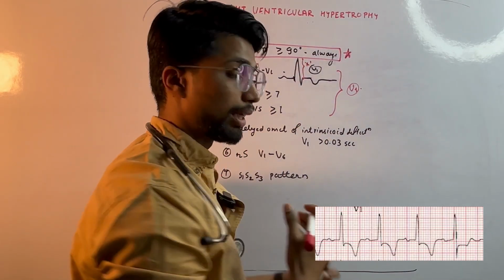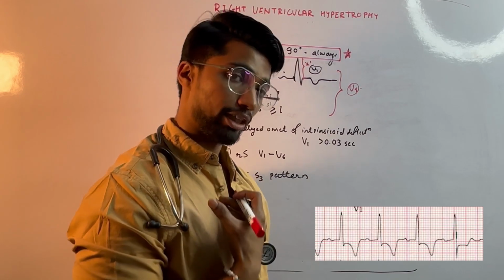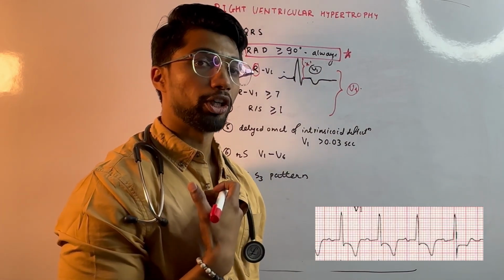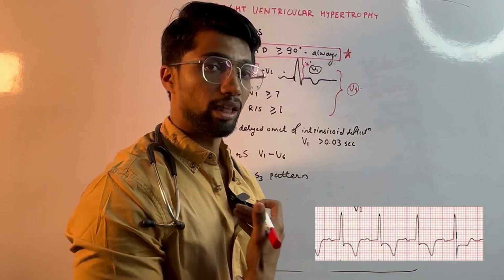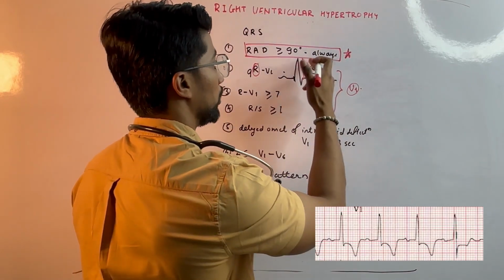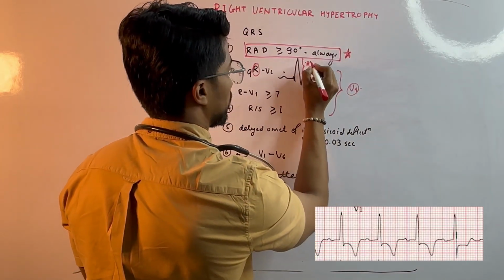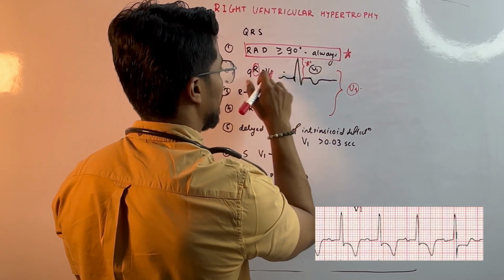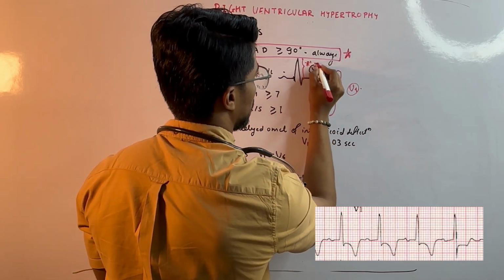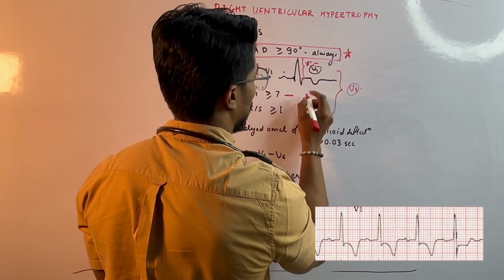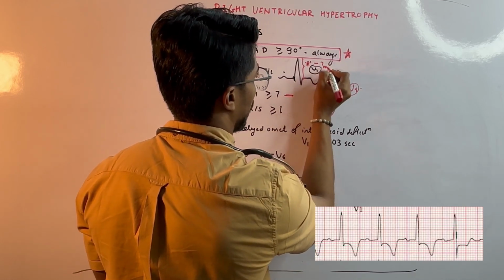That is because V1 is always placed on the right side of the heart, and it corresponds to the right ventricle, which is also placed anteriorly, and this is the closest lead to the right ventricle. So R is going to be present in lead V1. The R in V1 is going to be more than or equal to 7.